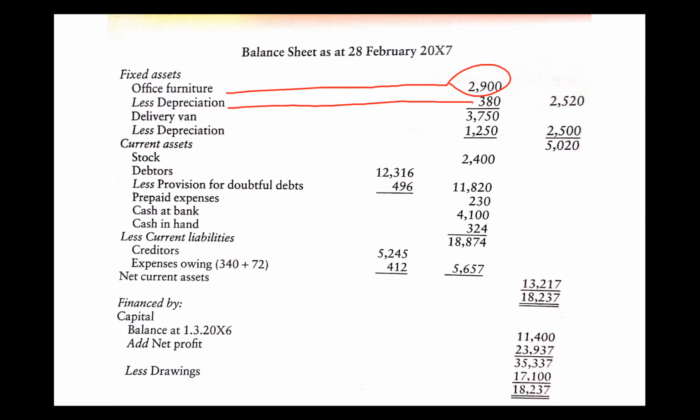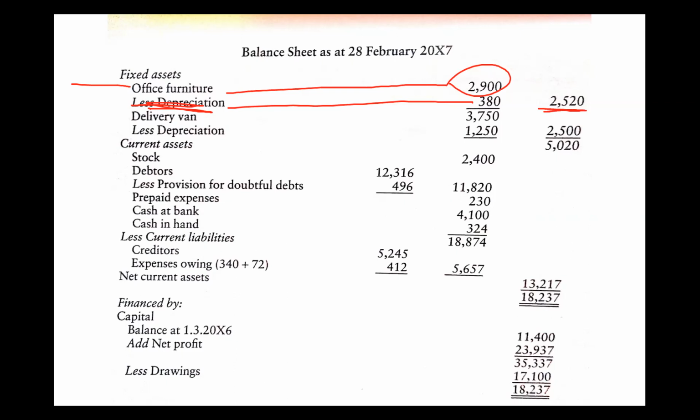So from there, you can see that you have to remove this value that has been lost from this particular fixed asset, the 380. You saw that in the trial balance. That is the depreciation that occurred during the period. Subtract that, then this is the net book value.